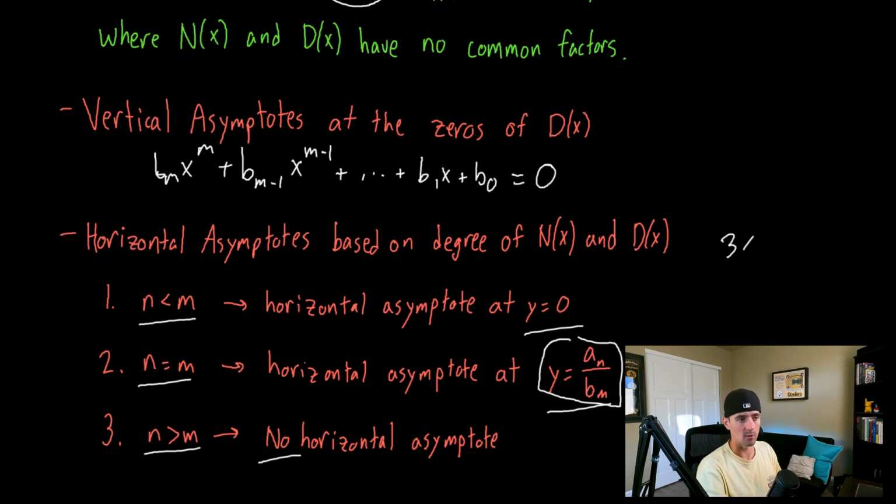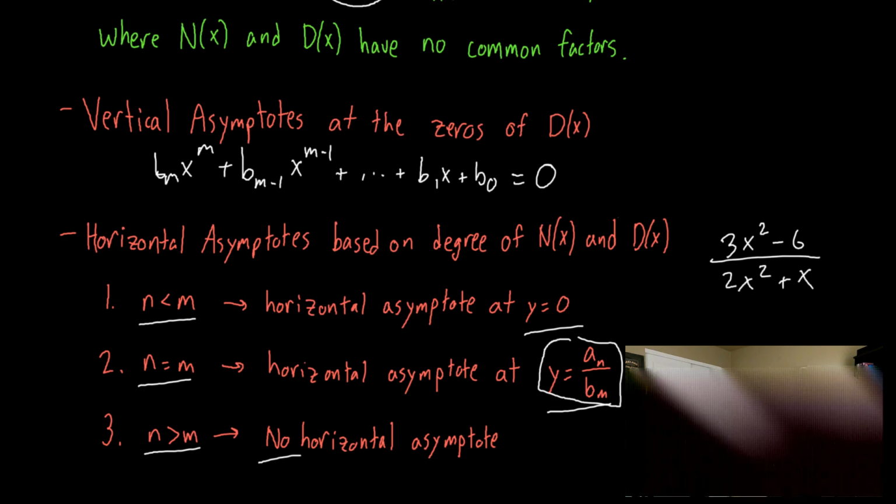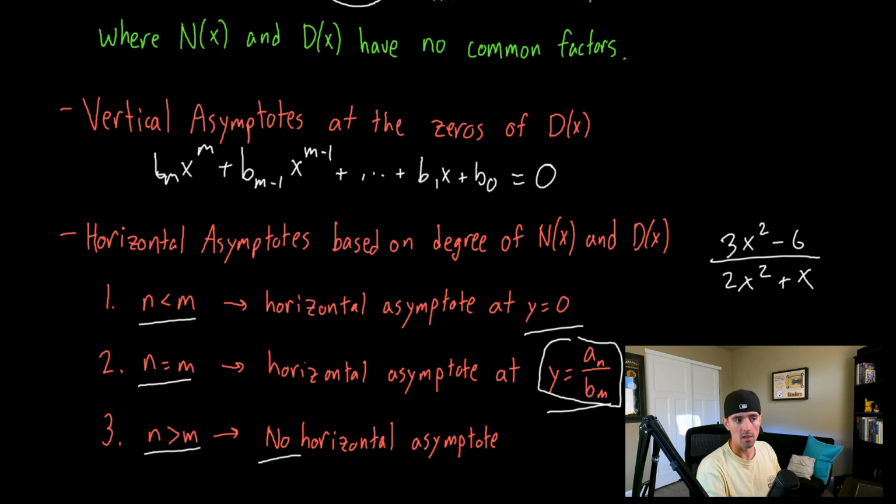So let's say we have 3x squared minus 6 over 2x squared plus x. The highest powered x on the denominator is x squared, and the highest powered x on the numerator is x squared also. So we're just going to take the coefficients of those x squared terms and put them over each other. So 3 over 2 is where we have a horizontal asymptote when the degrees are the same.